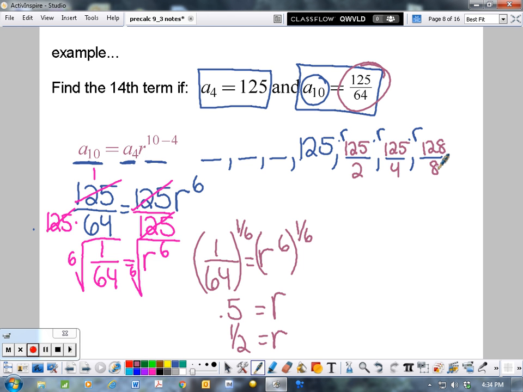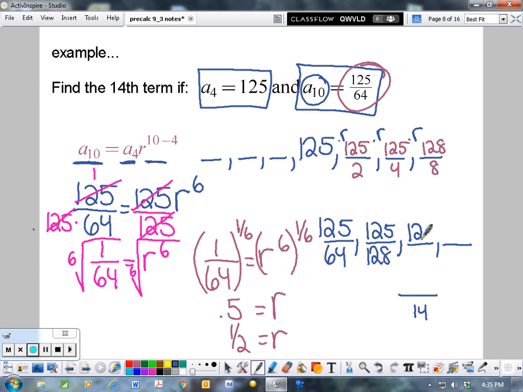So if I zoom ahead in my sequence to my 10th, 11th, 12th, 13th, 14th term, then I can say, okay, this is 125 over 64, and then times by 1/2. 125 over what's 64 times 2? 128.